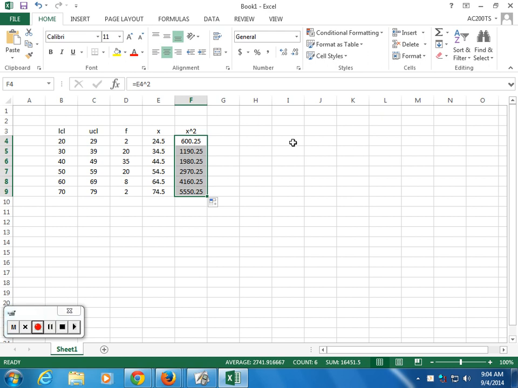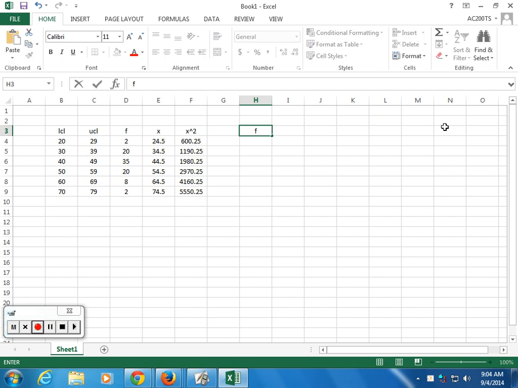And then I'm going to go over here and I'm going to do f times what? F times x, and then what? F times x squared. Now I want you to do those right now if you haven't. These two columns, f times x and f times x squared.